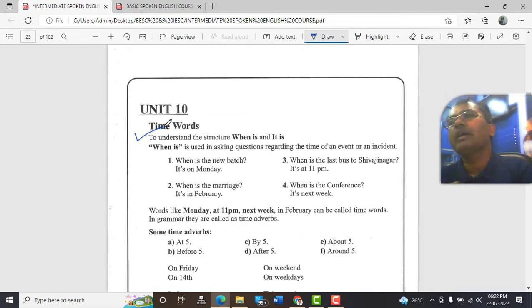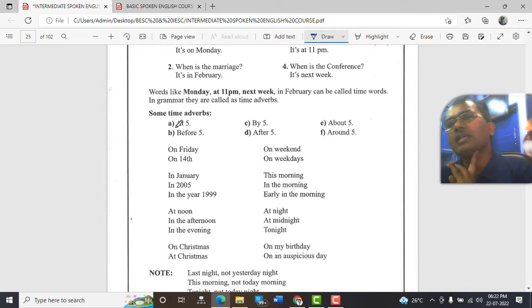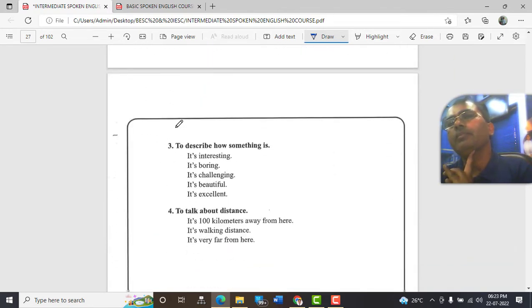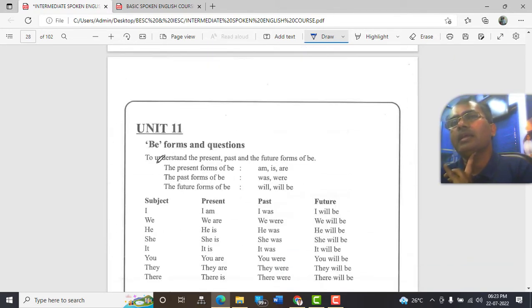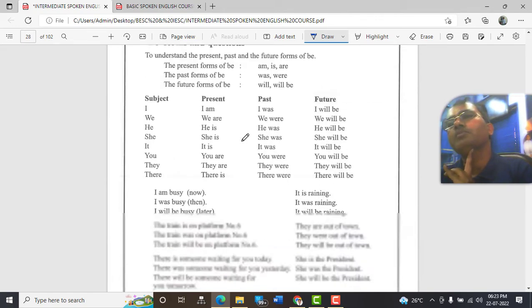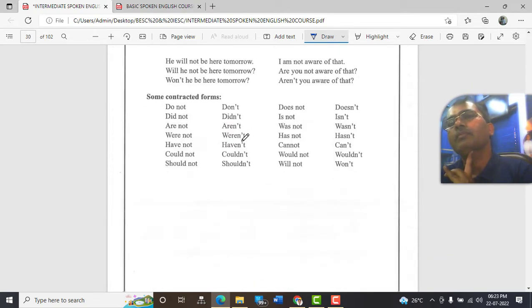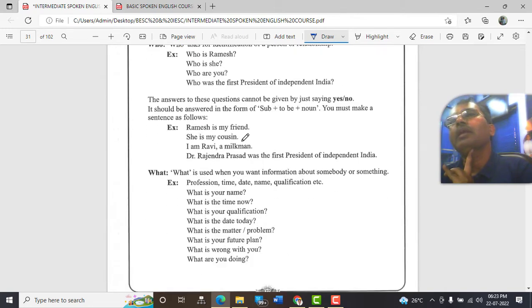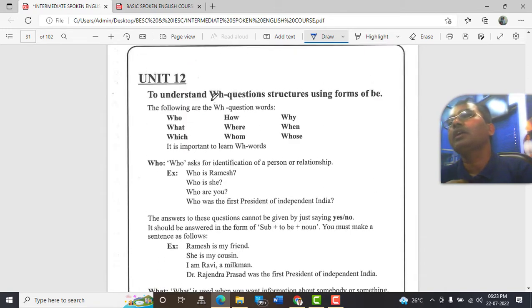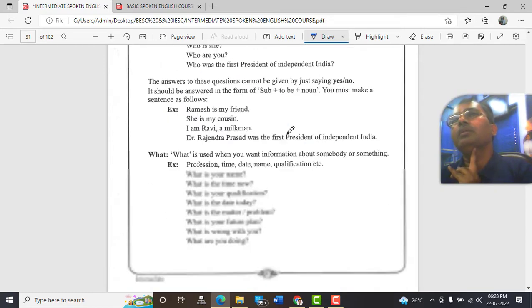Whenever we specify a time, how do you use sentences there? And next we will go for be forms and questions. And next we will try to understand the WH questions: who, what, which, how, where, whom, why, when, whose.